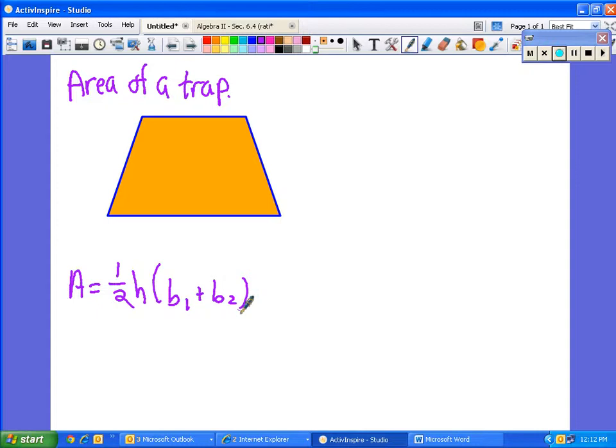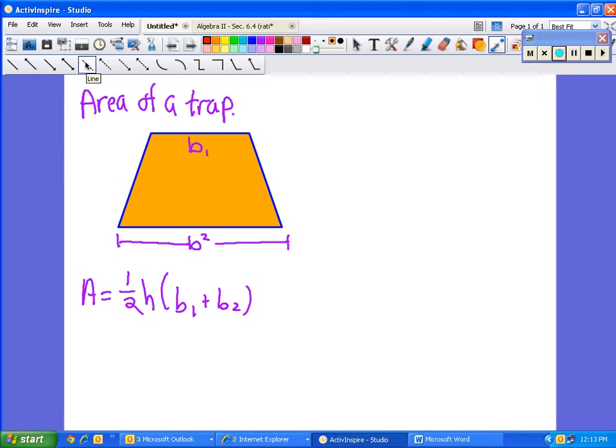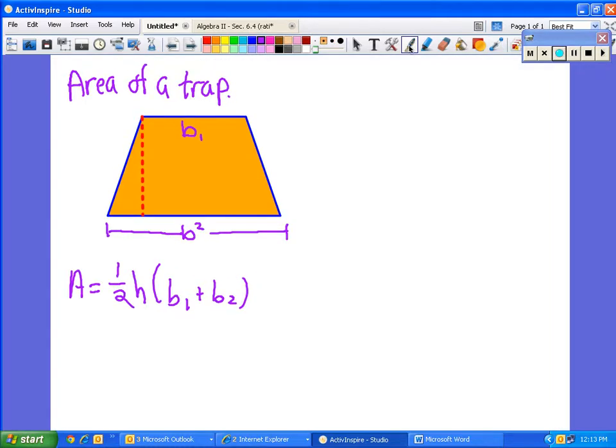So here in my trapezoid, there's one base, there's another base, and then we can make a height.